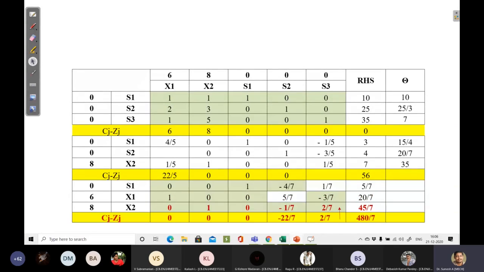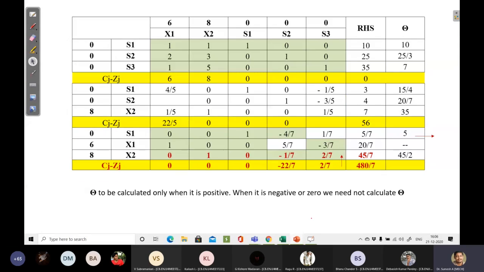Again calculate Cj minus Zj. You will be getting the positive as 2 by 7 since it is Cj minus Zj. In the third iteration, that is now going to be your key column. Find the replacement ratio. You can see that 5 is the lowest value here.